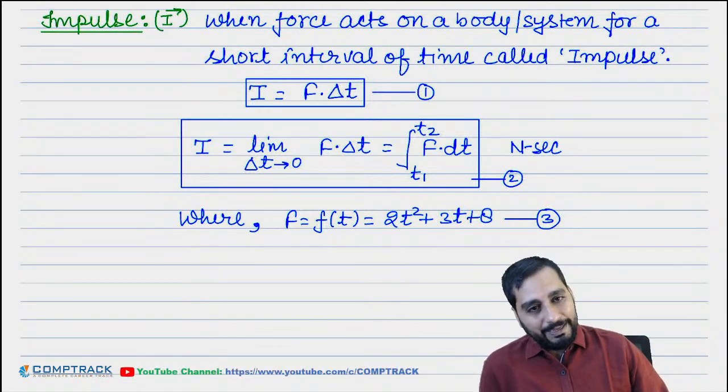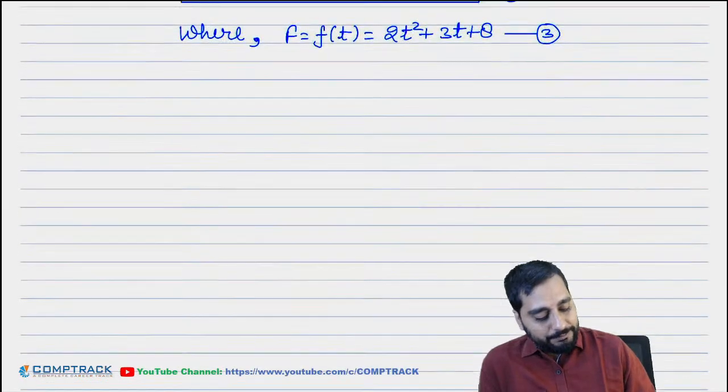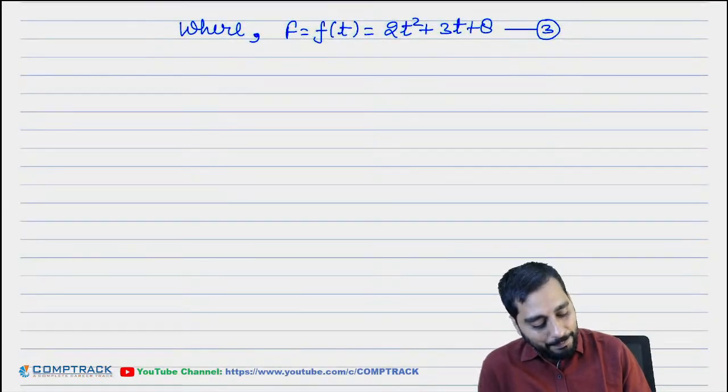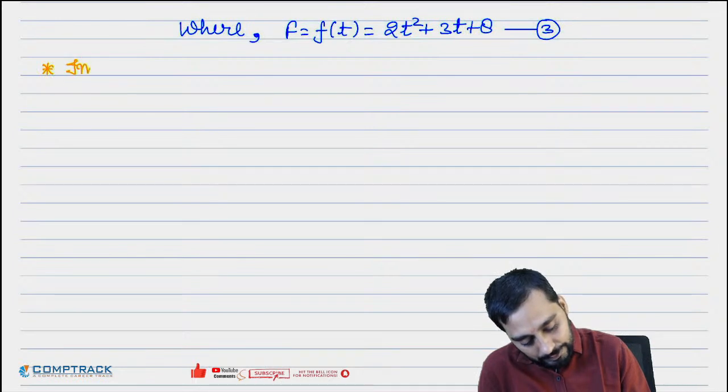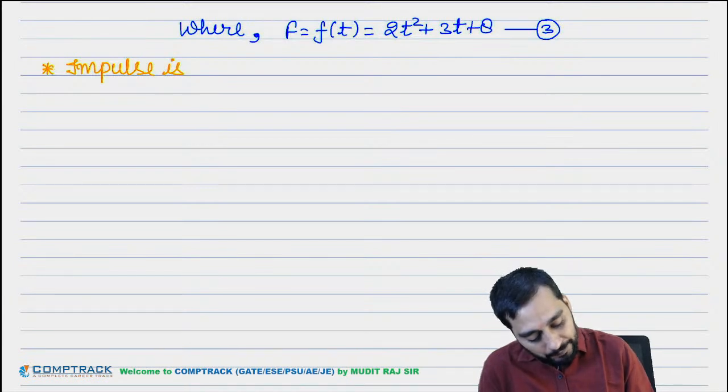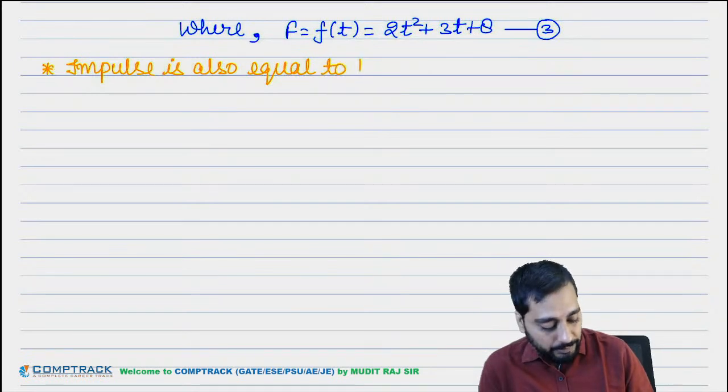Now what is the impulse and momentum method? So write down here, impulse is also equal to the change of momentum.